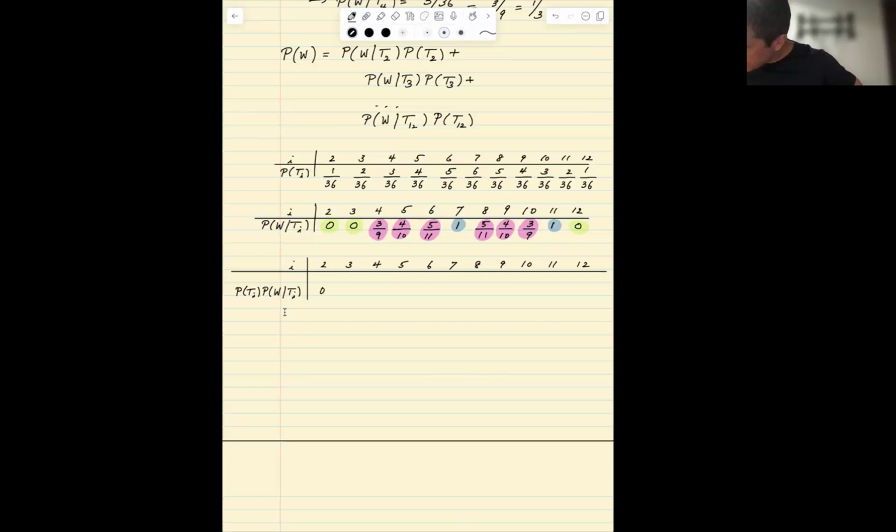For 2, 3, and 12, that probability is 0, because we're multiplying everything by 0. For 7, that product is 6 over 36. For 11, it's 2 over 36. Those are multiplying by 1.